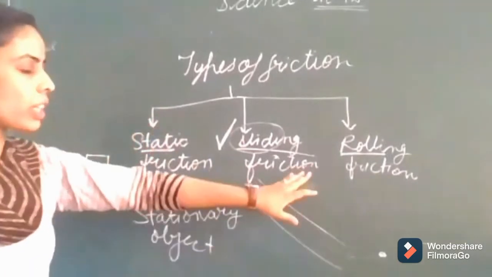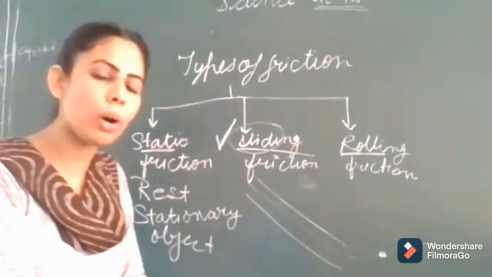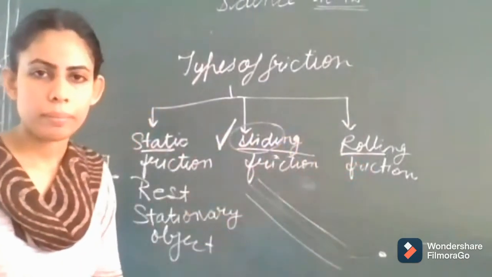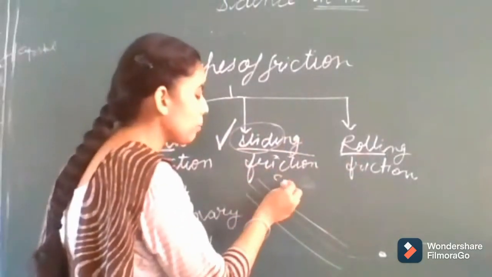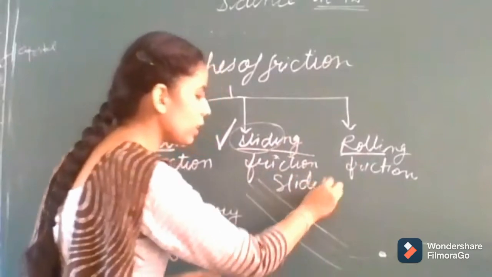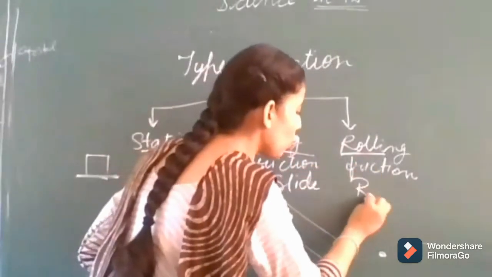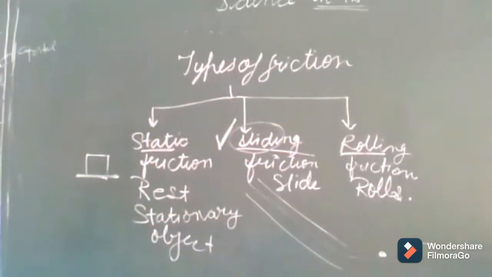So the friction that comes into play when a body rolls over the surface of another body is called rolling friction. Clear? Sliding friction comes when one body slides over the surface of another, and this friction comes when the body rolls over the surface of another object. Okay? Clear?